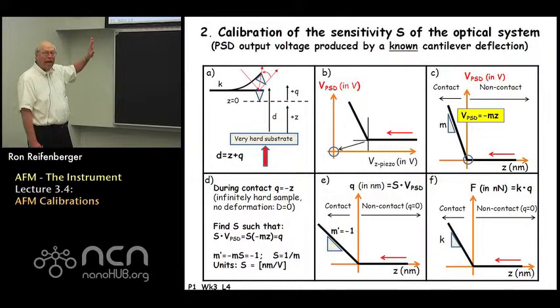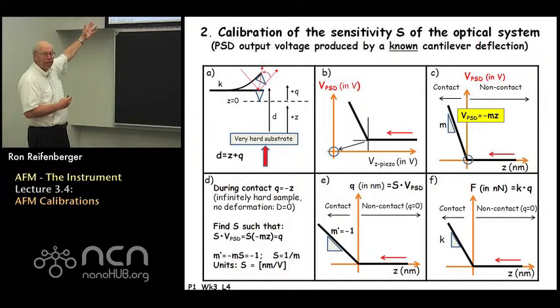So if this calibration is done properly, and if the substrate that you use when you do this calibration is very hard, the slope of the calibrated curve is going to be 1, or minus 1 technically, because as you push the substrate towards the tip by a distance z, the cantilever is going to deflect by a distance q.